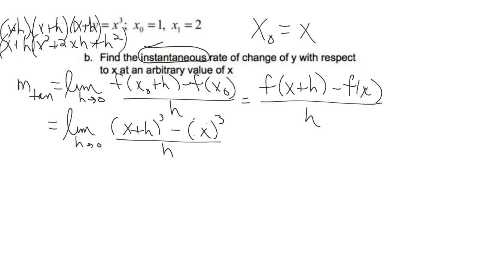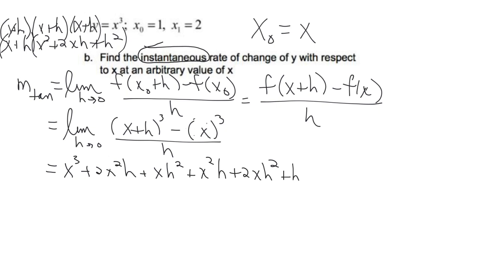So that's going to give me x cubed plus 2x squared h plus xh squared. Now I'm going to distribute the h: plus x squared h plus 2xh squared plus h cubed, and then I have minus x cubed from the other part.